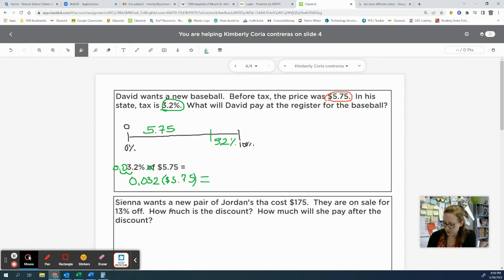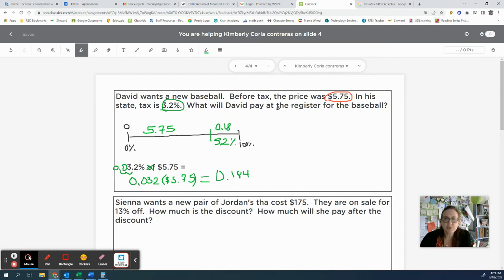So we're going to do 0.032 times 5.75. So David is going to have to pay an extra, the calculator says 0.184. That rounds to 18 cents. David's going to have to pay an extra 18 cents.